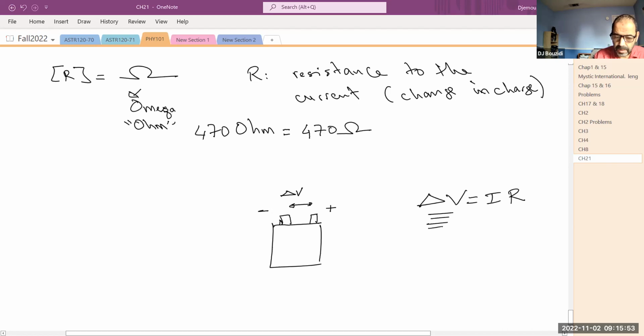The change in potential or the difference in potential is the current that is flowing between the points where the potential is taken. So this is point 1, this is point 2, and let's say there is a current flowing between them. And that current is I, and let's say there is a device in between those two that has a resistance R. Then in this case, the difference in potential between 2 and 1.